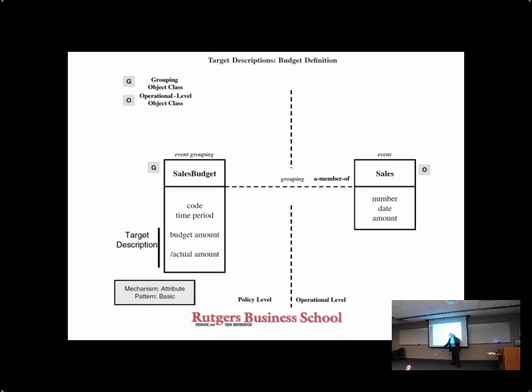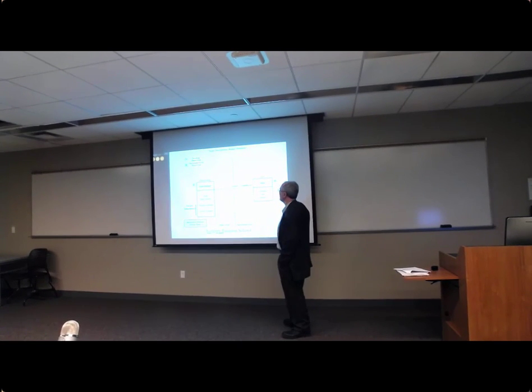But the way it is implemented, we use the target descriptions, because this is not something which can be inherited. And this is not what defines any kind of acceptable value. So this is what we want, right? So this is what we want. And this is what we actually have, right?